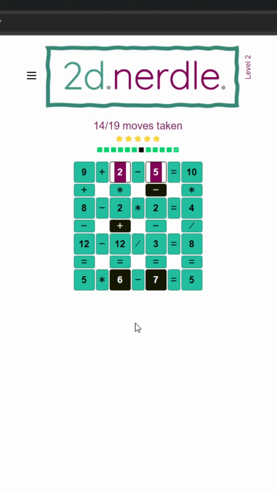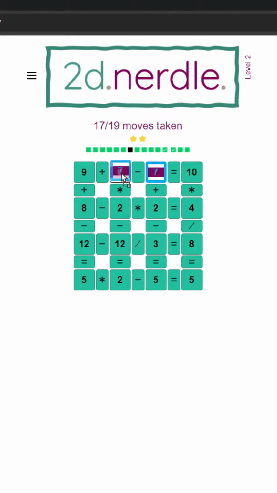I have to be effective here. Well, the only option is these two swapping. Here we go. Yeah, you got it right as I solved it. Here it is.